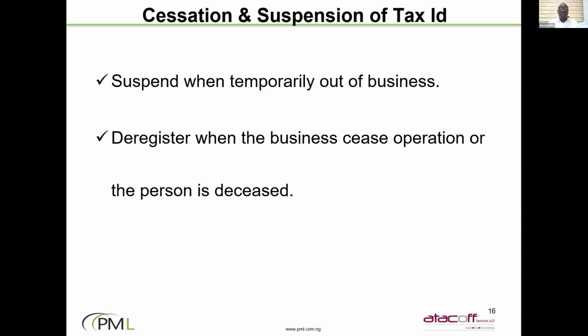That is the only basis on which they will deregister you as a company from their system. That is also good because some of us have not been running our business for a while. Please, you can consider deregistering yourself from the FIRS portal.